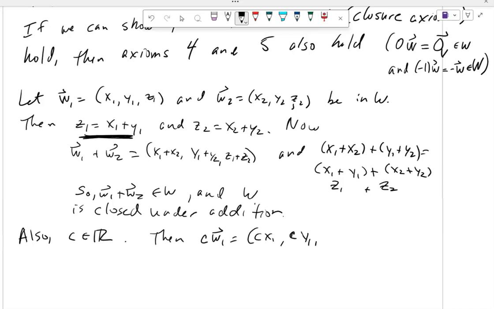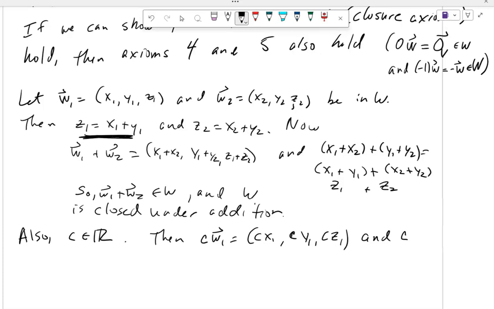CX1, CY1, CZ1. Now again, if this is going to be a subspace, I need to show that this is back in W again, right? Our defining characteristic for being in W is what? Yeah, the sum of the first two components is the third, right?